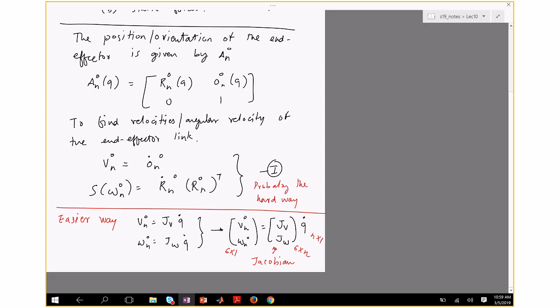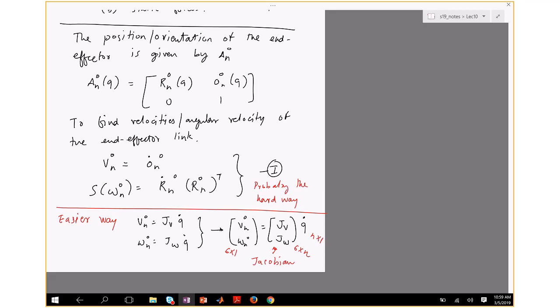So I'm going to show you how to find J_v and J_omega. You can write it down. Once you have the DH table, you know if it's a prismatic joint or revolute joint, you can write a formula for J_v and J_omega, instead of carrying out this derivative. If you do it this way, you'll get the right answer, but it will be very messy. It won't be very compact. The Jacobian way is very compact, and that's why we do it.